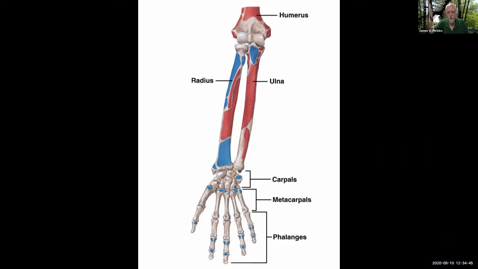So I'm not going to go over those again today, but I did want to add in the remaining bones of the upper limb, simply because a lot of the muscles that we're going to talk about today, the muscles that are found in the antebrachium, the majority of them are crossing the wrist and inserting on some of these bones in the wrist and in the hand, and they're responsible for the movements of the wrist and the fingers in the hand. So we need to understand what these bones are before you can understand what the actions of a lot of the antebrachial muscles are.